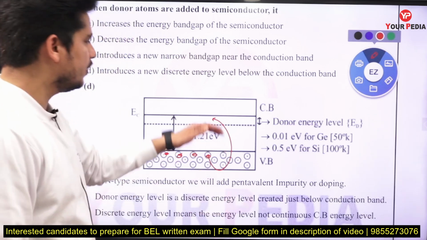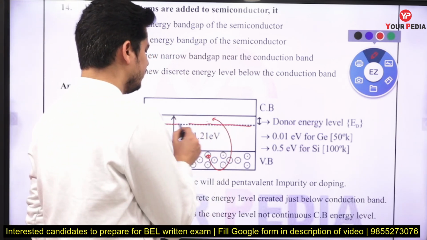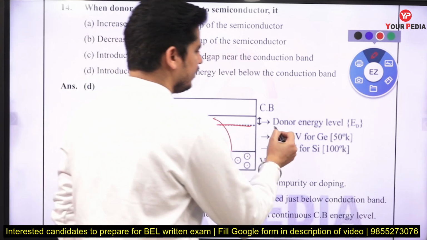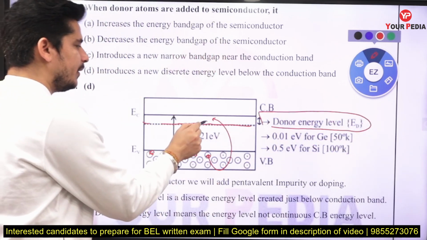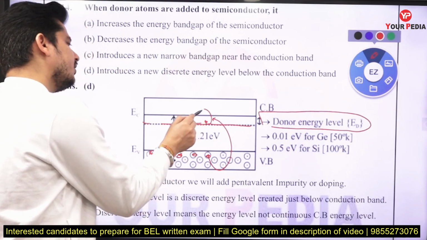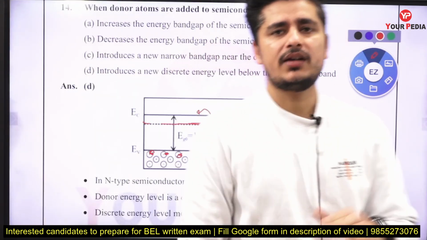First they will go to another energy level. This energy level is called the discrete donor energy level. So basically they do not directly jump to the conduction band. First they will go here, then they gain a sufficient amount of energy to go to the conduction band. That is the phenomenon.